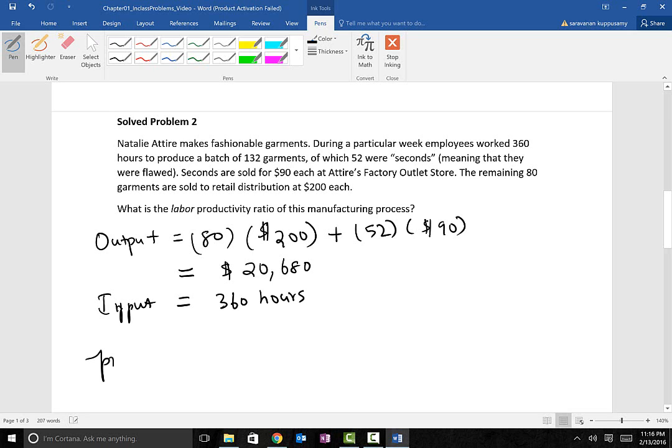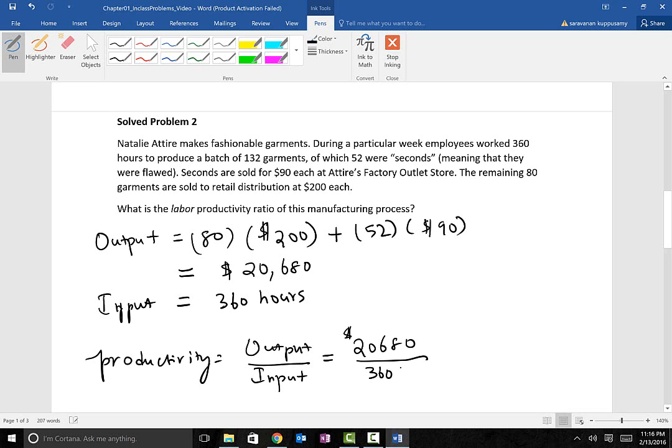So the productivity measure in this case is again the ratio of output to the input. So $20,680 by 360 hours, which leads to $57.44 per hour.